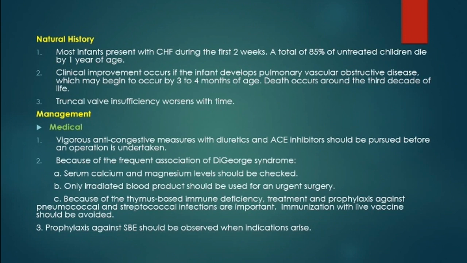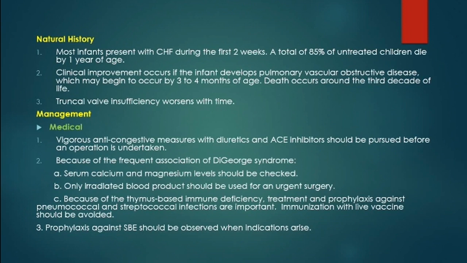Medical management of these patients includes vigorous treatment with anticongestive measures like diuretics and ACE inhibitors. The condition is associated with DiGeorge syndrome in some cases, so we need to assess serum calcium and magnesium.